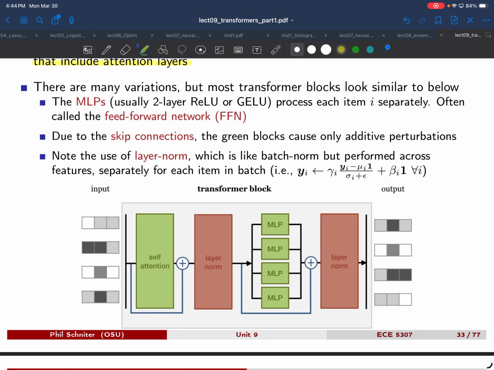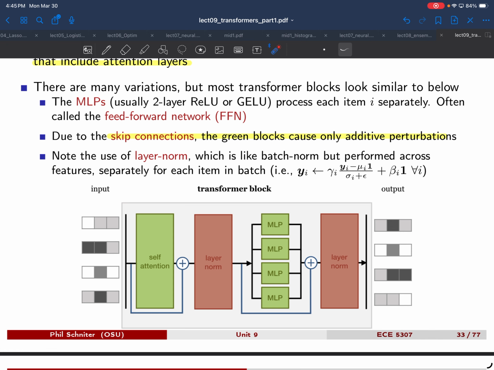Okay, so what that means is that these green blocks, like the self-attention block, is just causing an additive perturbation or a refinement of the embedding. Okay, so here we go through self-attention, but with a skip. And then there's something called layer norm. Layer norm is a lot like batch norm, except rather than taking averages across your batch dimension, you take averages across the feature dimension, which in this case would be D if we have D-dimensional embeddings.